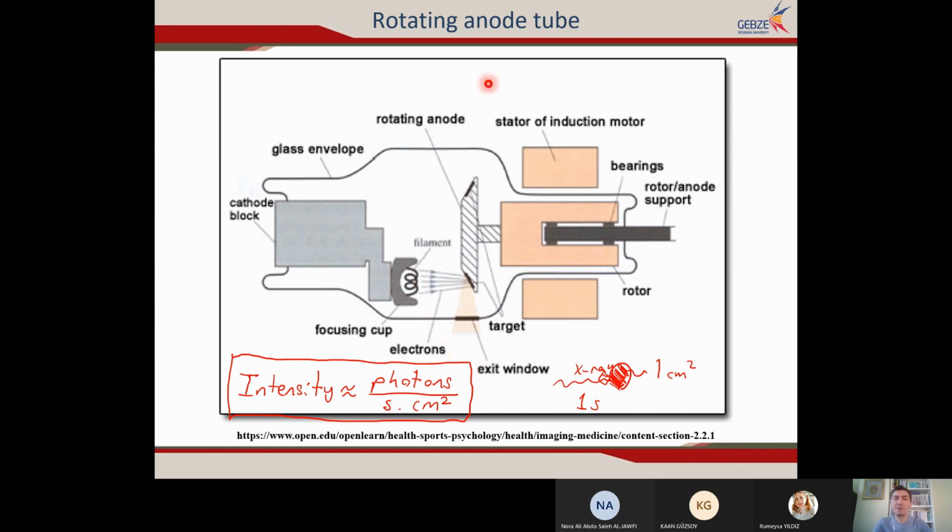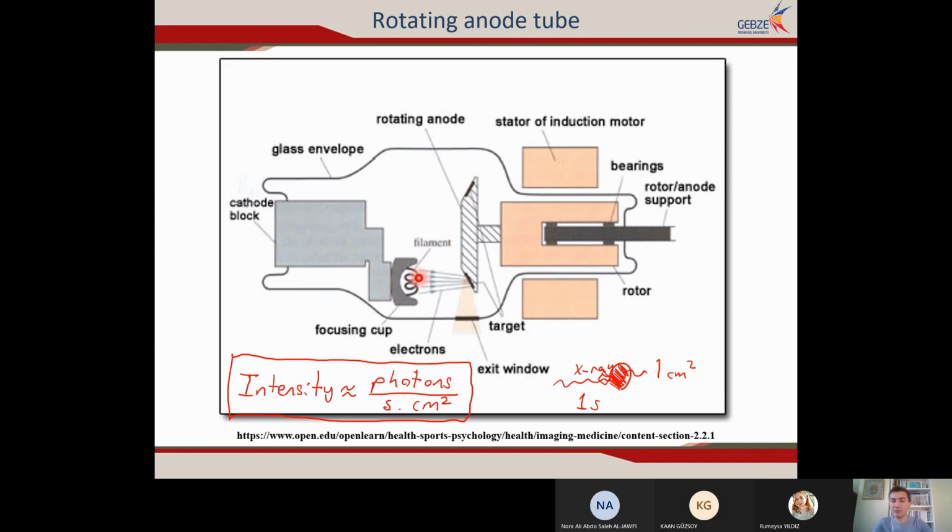But what is the difference between the conventional X-ray tube and the rotating anode tube? You can understand from the name, the anode material here is rotating during the production of X-rays. Why are we rotating the anode? As I explained during the last lecture, electrons are accelerated to very high energies under very high voltages between cathode and anode.